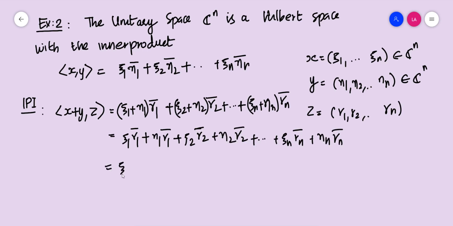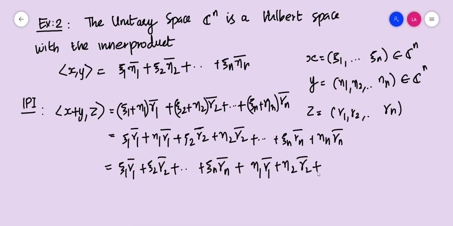So this can be written as theta 1 gamma 1 conjugate plus theta 2 gamma 2 conjugate plus etc. theta n gamma n conjugate, plus eta 1 gamma 1 conjugate plus eta 2 gamma 2 conjugate plus etc. eta n gamma n conjugate. Now the first part by definition is the inner product <x, z>, and by the second part, it is the inner product <y, z>. So clearly the first property is being satisfied.